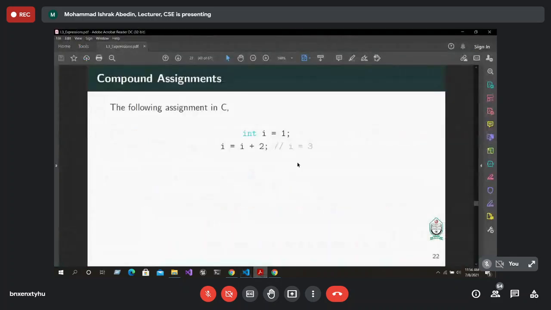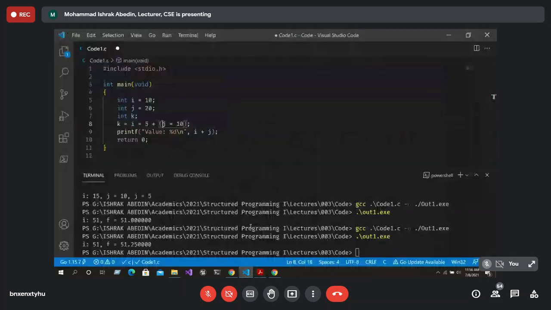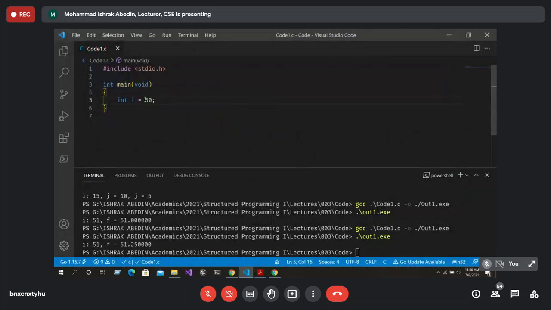So moving on. The compound assignment. Let's say there are 50 students in my class right now, and 2 more students join. To update the value, I can write i = i + 2. After that, 3 more students join, and I can write i = i + 3. So what is happening?